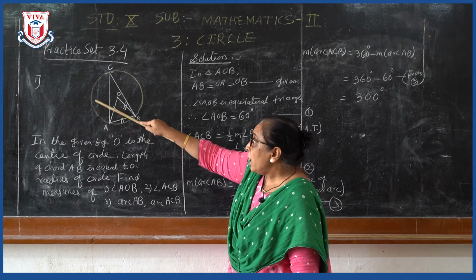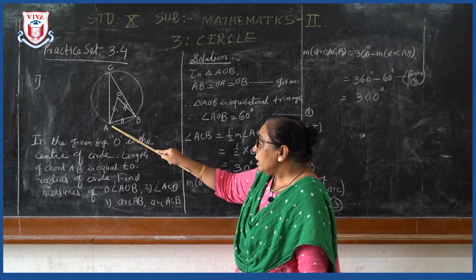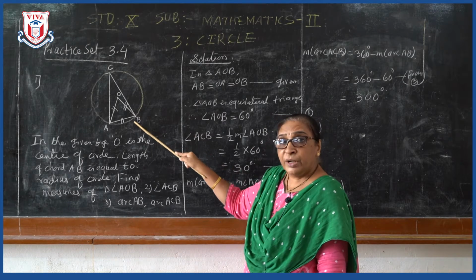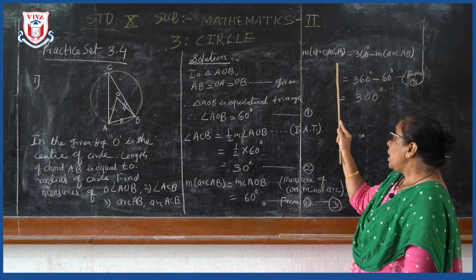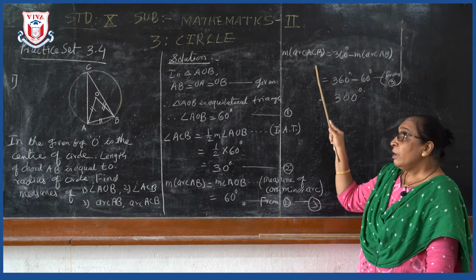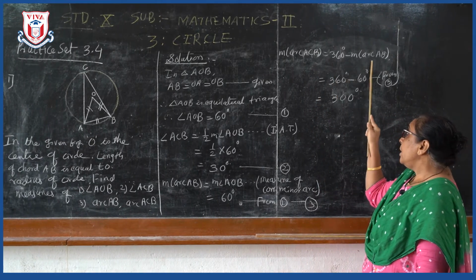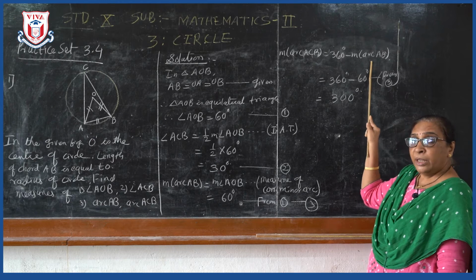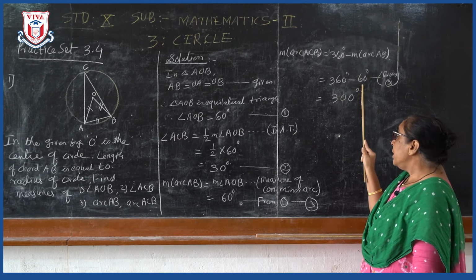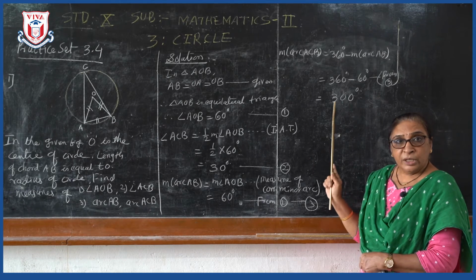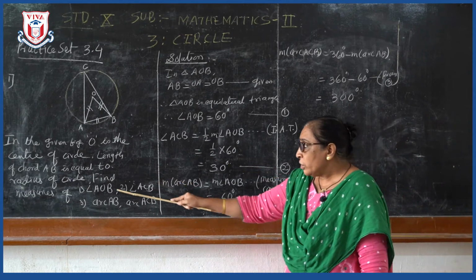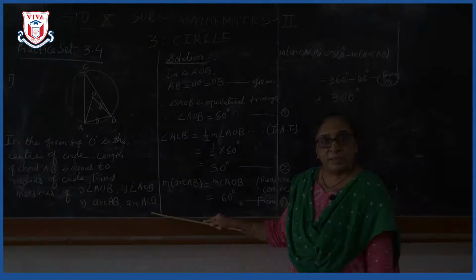So measure of major arc ACB plus measure of arc AB will be equal to 360 degree, and therefore major arc ACB will be equal to 360 degree minus arc AB, that is 360 minus 60 means 300 degree. So in this way we got all the 4 answers.